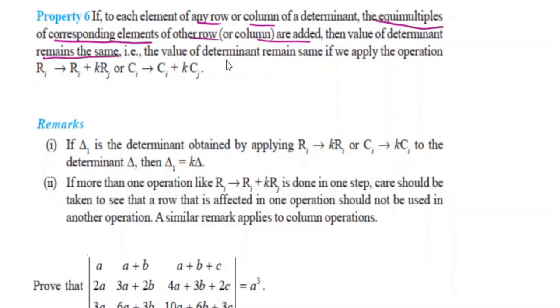The value of the determinant remains the same if we apply the operation Ri to Ri plus k Rj, that is, Ri plus k into Rj. Similarly, column i transforms into column i plus k column j. Let us explain with a sample example.